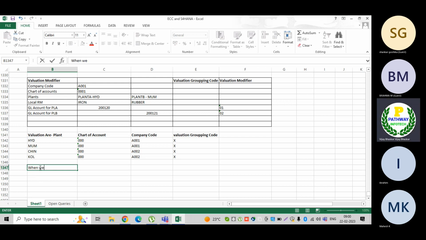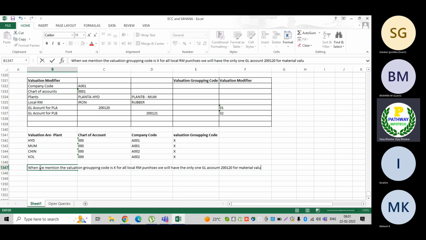When we mention the valuation grouping code as X, for all local raw material purchases, we will have only one GL account for material valuation.